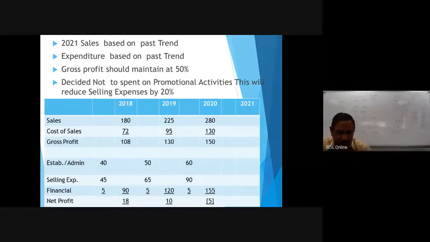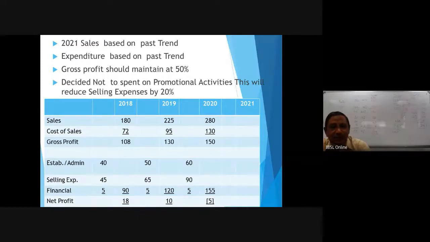Strategical approach means the management or the company wanted to make certain changes in their existing balance sheets and project the figures accordingly. What are their projections? 2021 sales based on the past trend. Then expenditure based on the past trend. That is used on the trend basis.